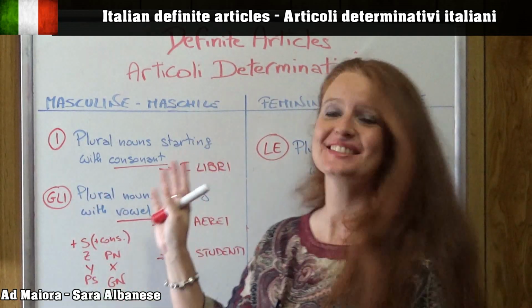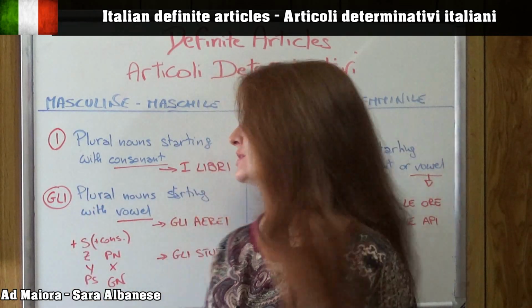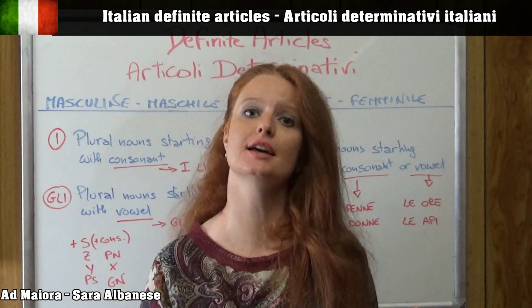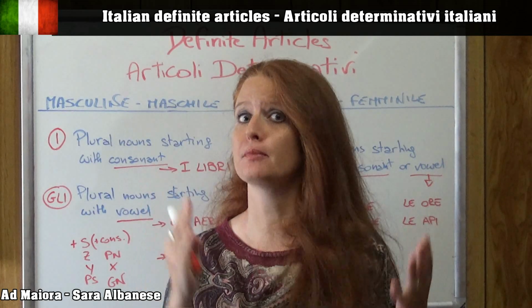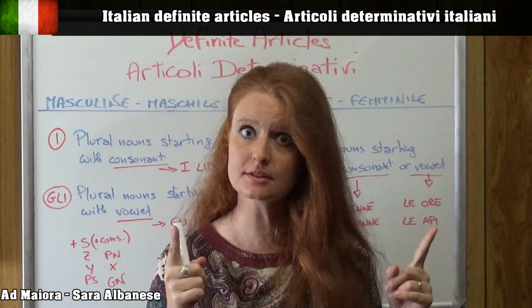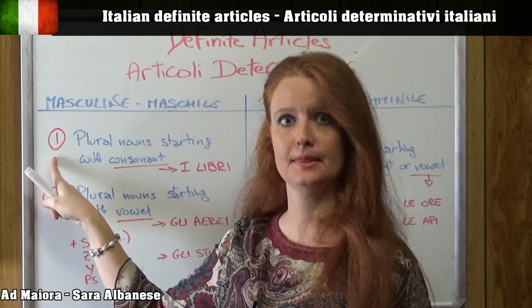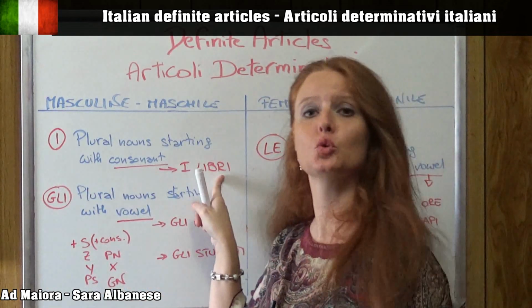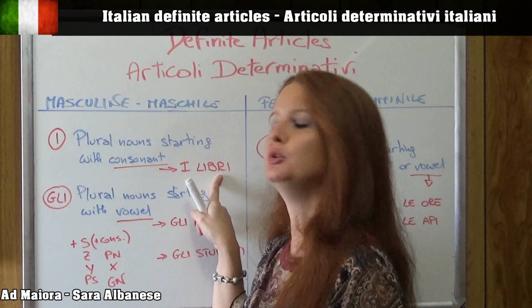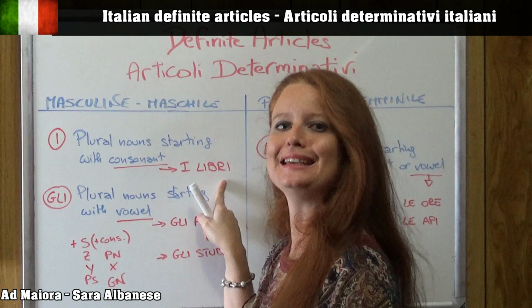First of all, let's start again with masculine nouns. The plural form that you use instead of il, for masculine plural nouns starting with a consonant, is i. Remember the word libro, il libro, the book? The plural is i libri.